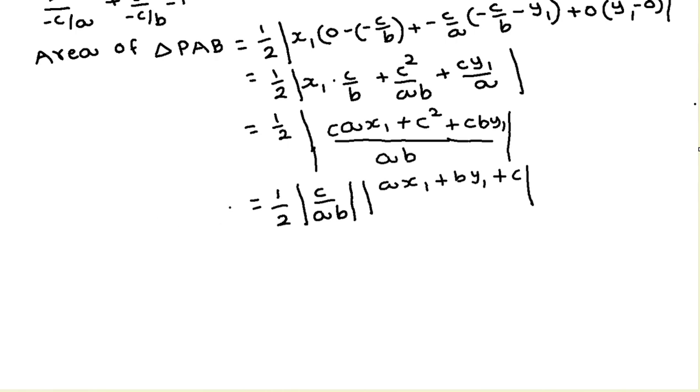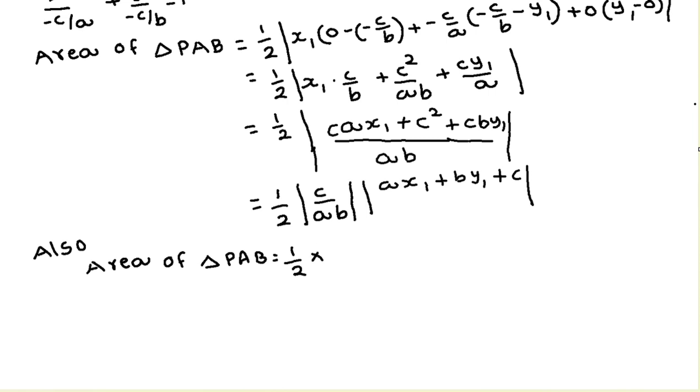Now let's do it in another way also. Area of triangle PAB is equal to, so we know that the area of a triangle is half into base into height.